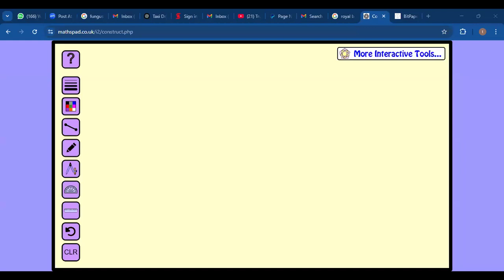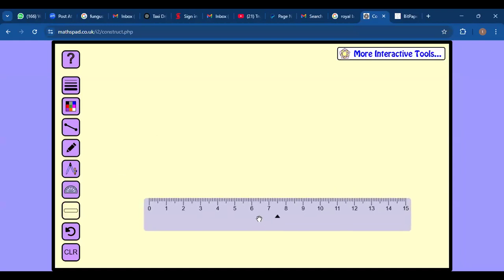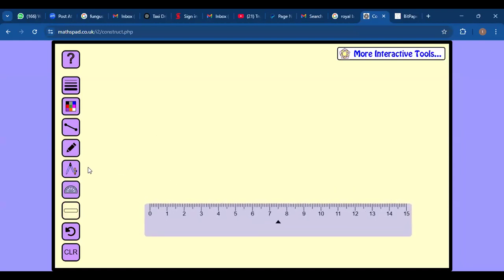They tell us the bottom is going to be how many centimeters? 7. So we have this drawing right there.